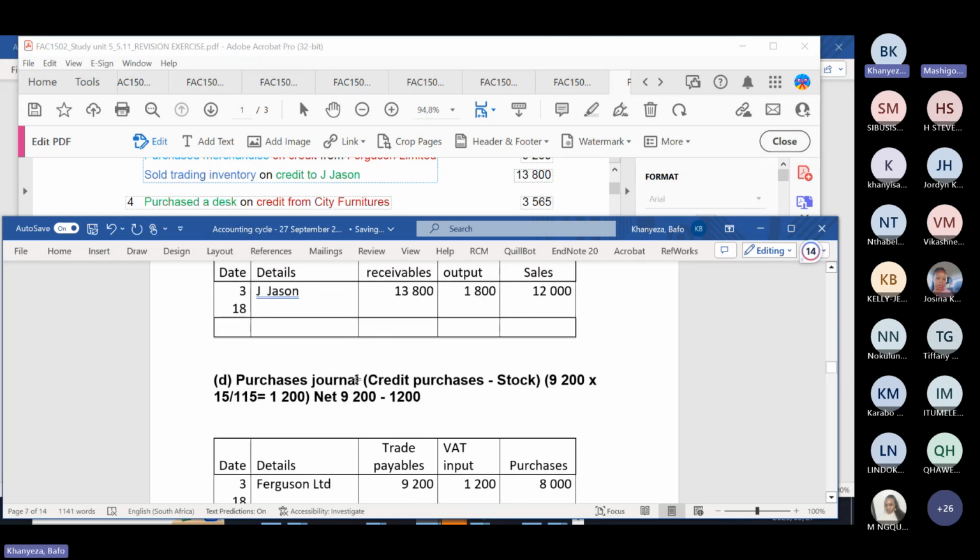Okay, so net of VAT is a VAT exclusive amount. You see, net of VAT is also VAT exclusive.